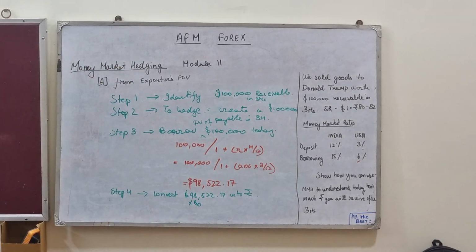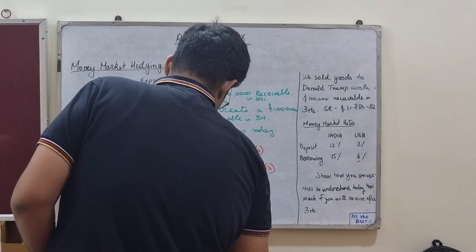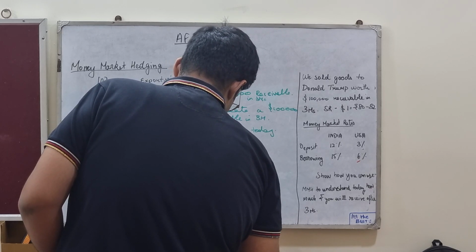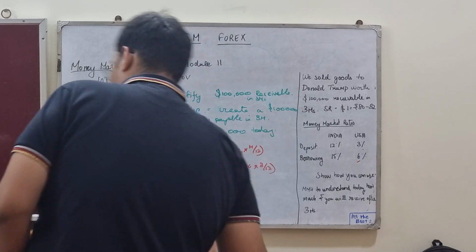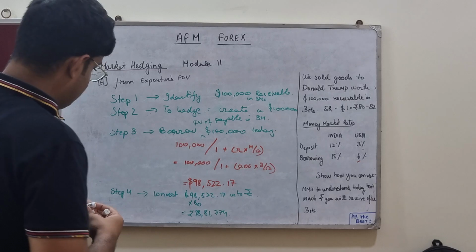That will give me 78,81,774 rupees. These are the 4 steps till now.